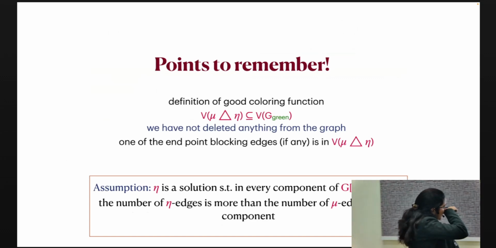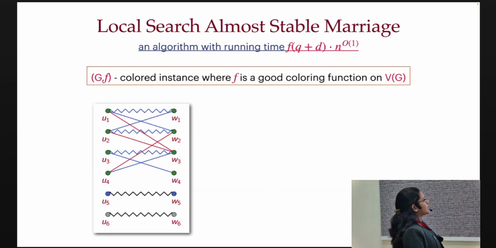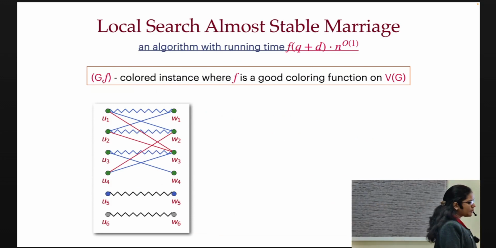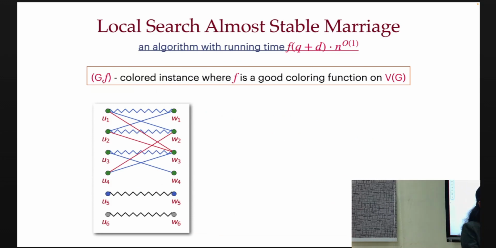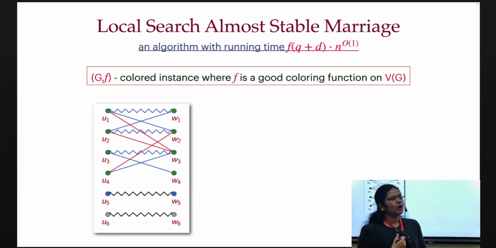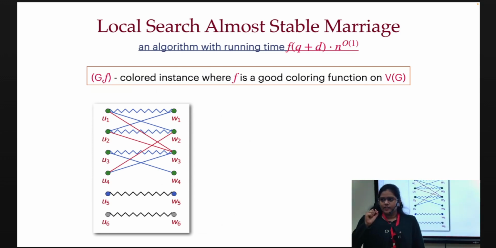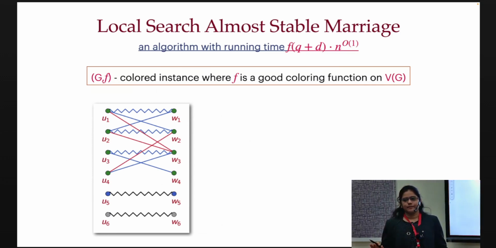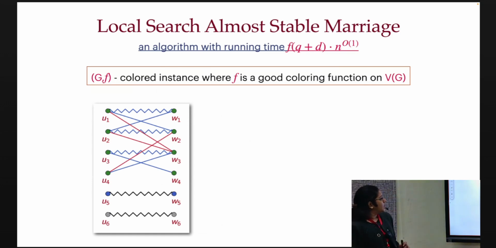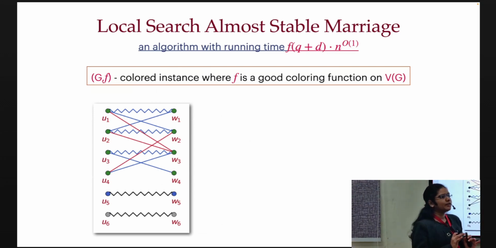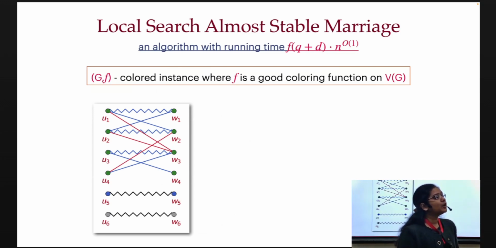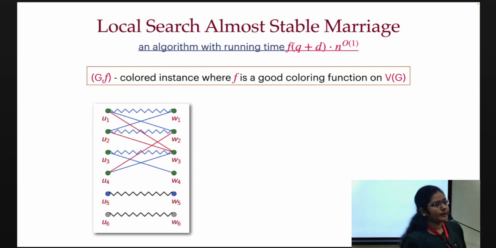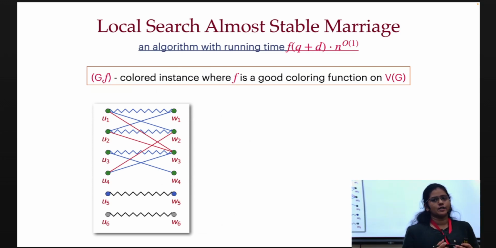Now GF is a colored instance where F is a good coloring function. So now I am saying look at the colored instance where I know F, like it is nicely colored. You all are with me? Now what happens, indeed I know the vertex set now, but I do not know what all edges are part of my matching, symmetric difference, what are blocking edges.